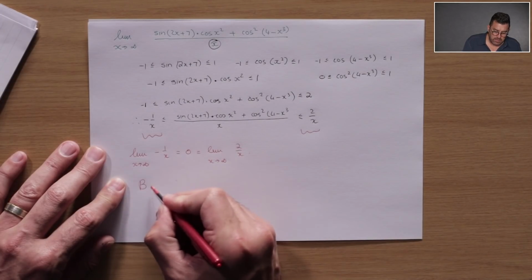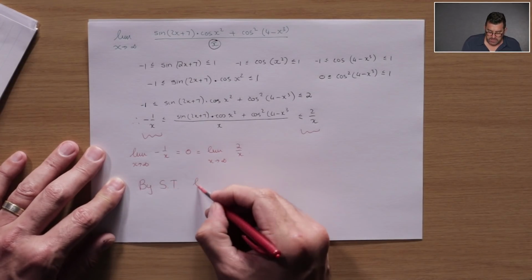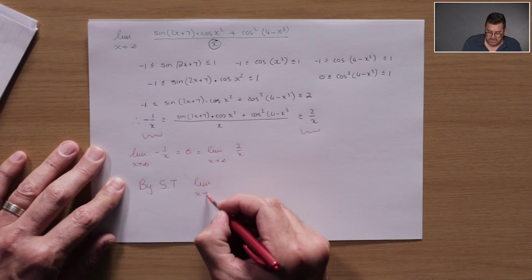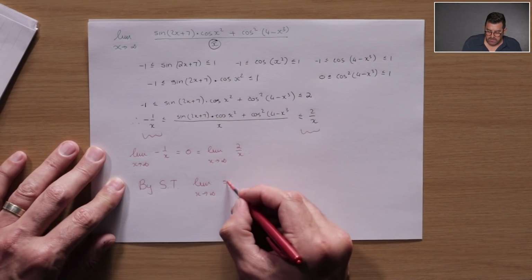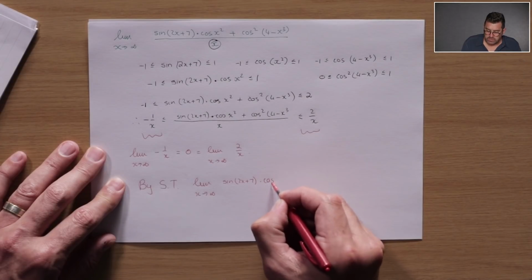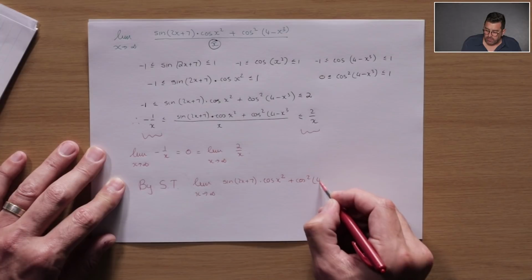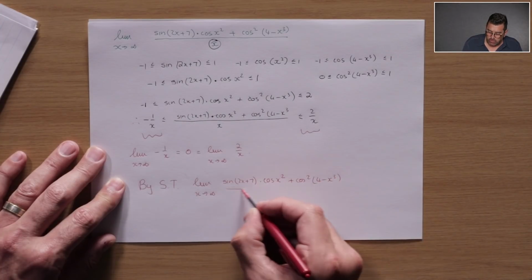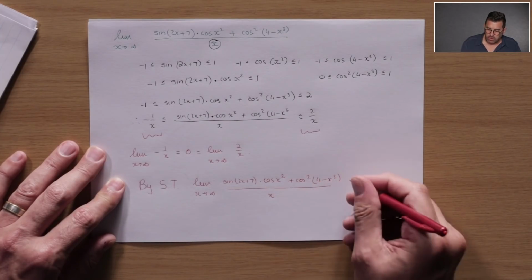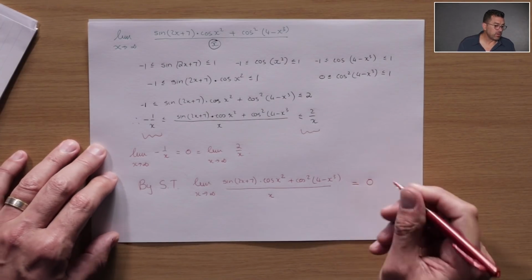So by the Sandwich Theorem, the limit when x is approaching infinity of sine 2x plus 7 times cosine of x squared plus the cosine squared of 4 minus x cubed all over x will therefore also equal the value of naught. Okay, folks, so I hope that one made good sense to you.